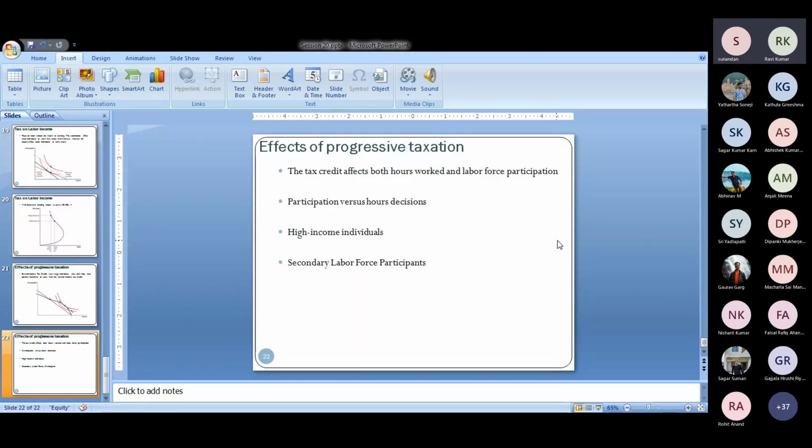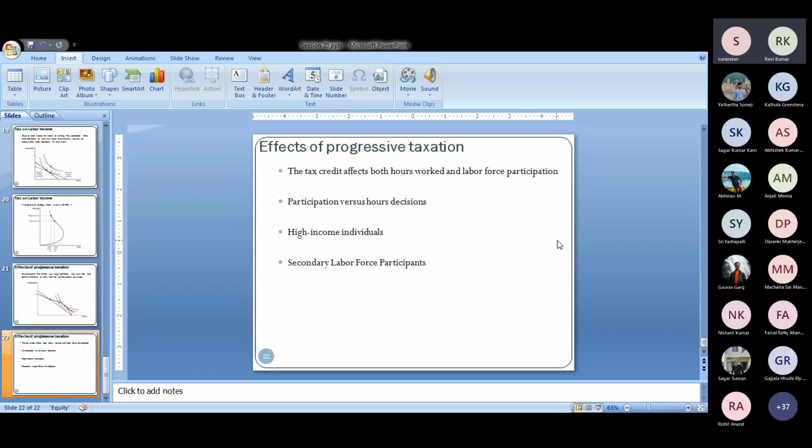So in this progressive taxation, it is not only about a choice of consumption and leisure, or a choice of income and hence working hours and consumption. No, it's also about whether to participate at all. Because for very high income individuals, it is better not to participate because the tax rate is so high.